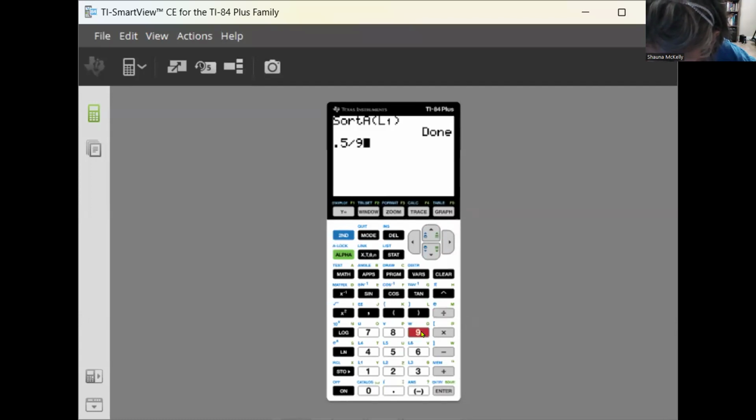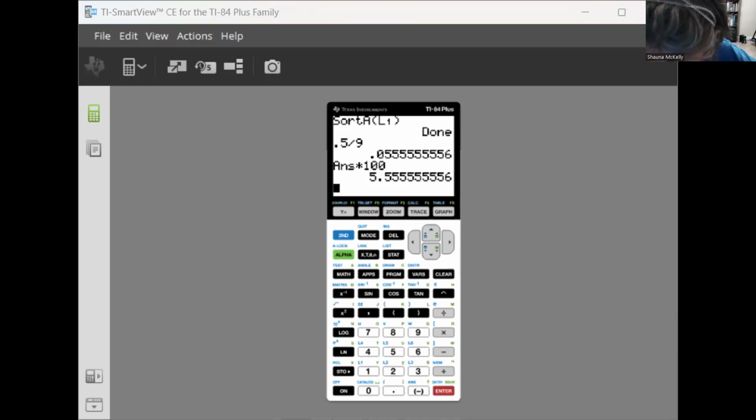There were 9 values, times 100. So that first percentage is 5.5556.